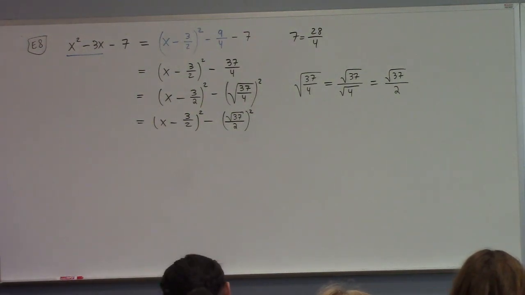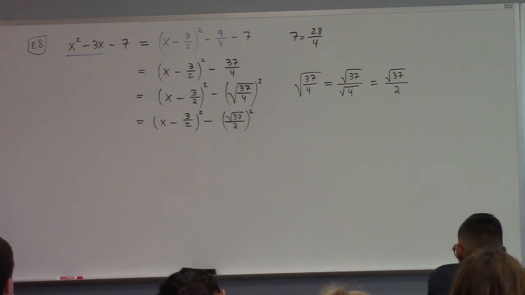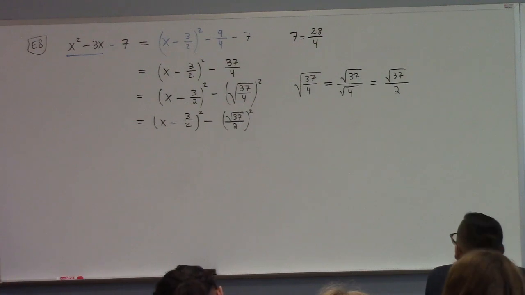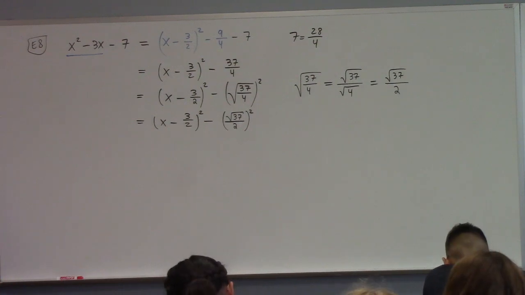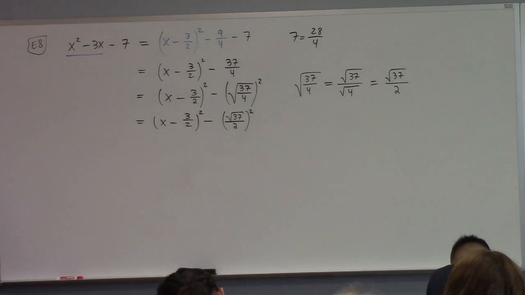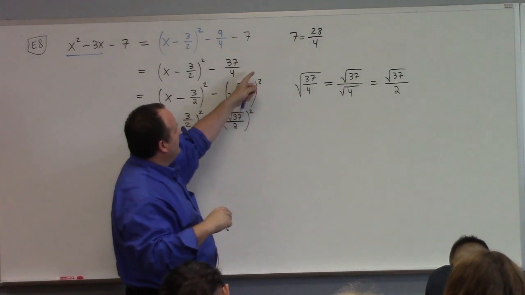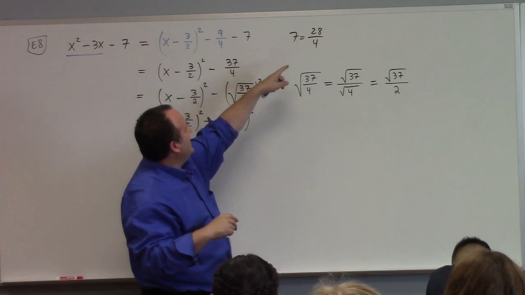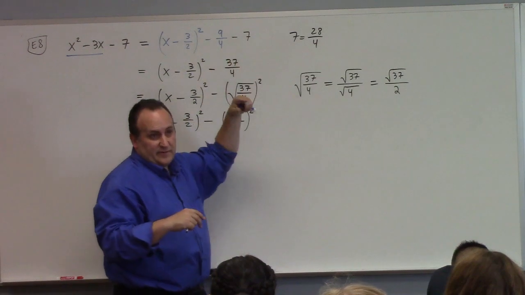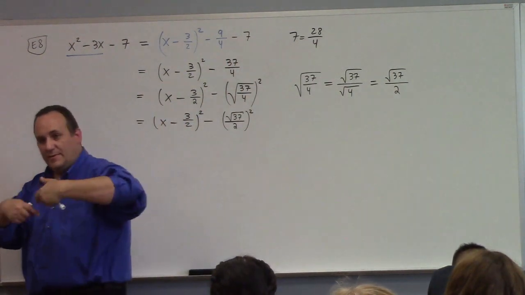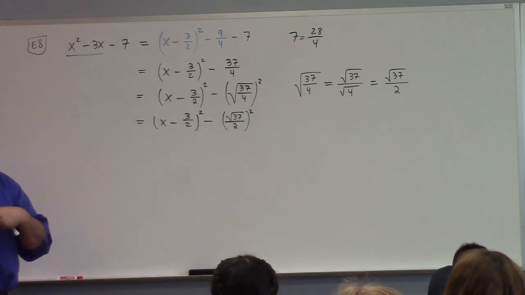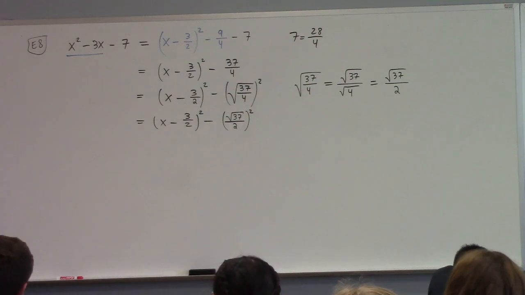By the way, just like a mental exercise as we're doing this, think about this. If instead of having minus 7 in this problem, I had a plus 7, we would have had 28 minus 9 rather than the other way, and it would have been positive, which would have made this a polynomial which does not factor over the reals.